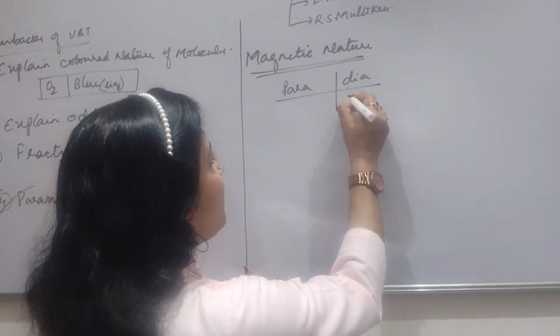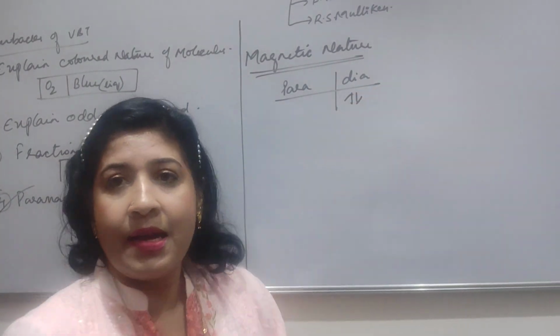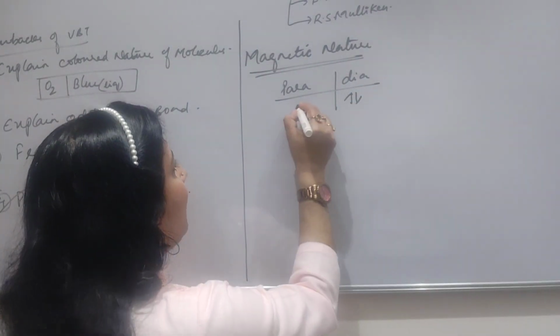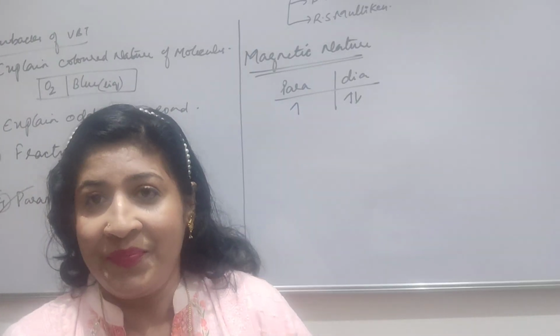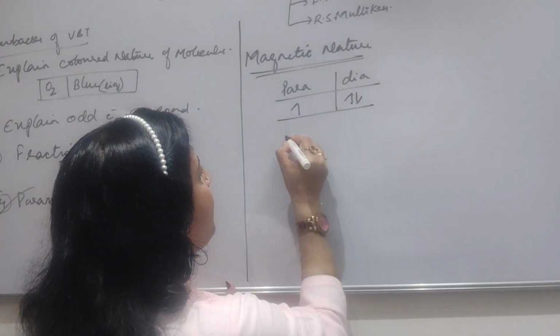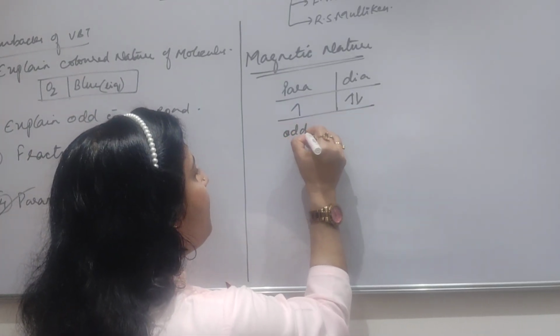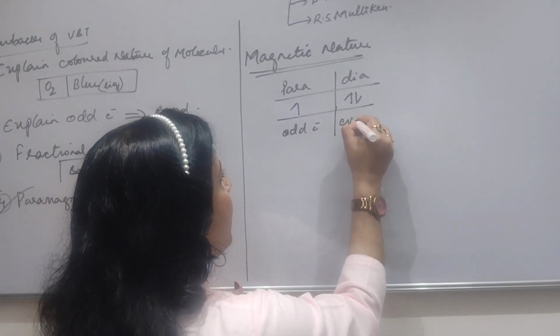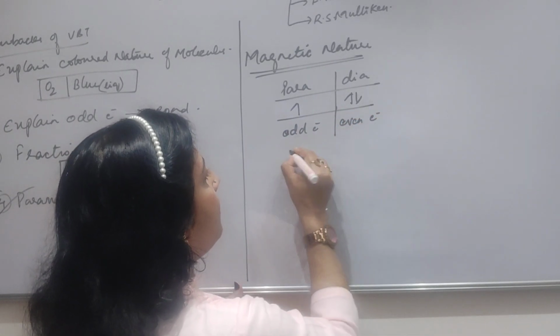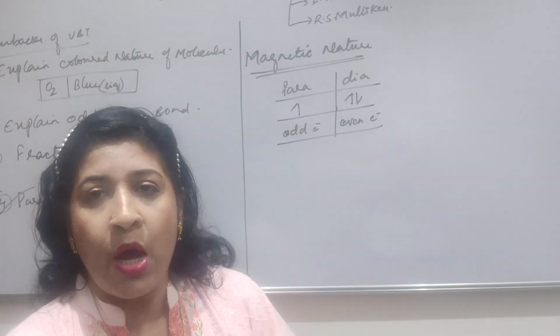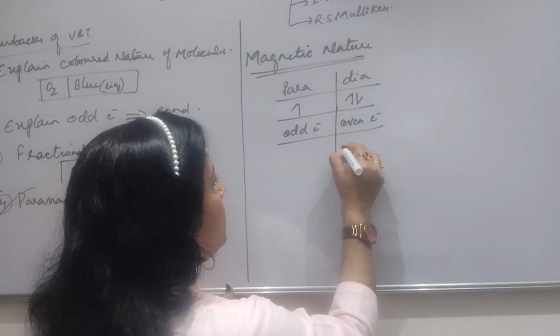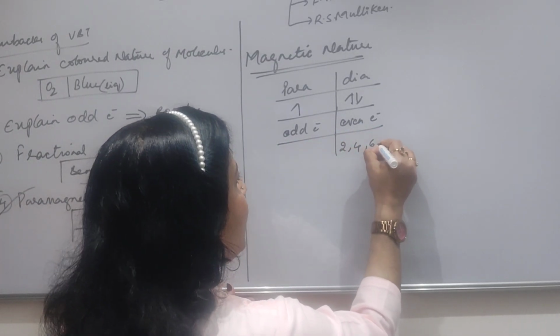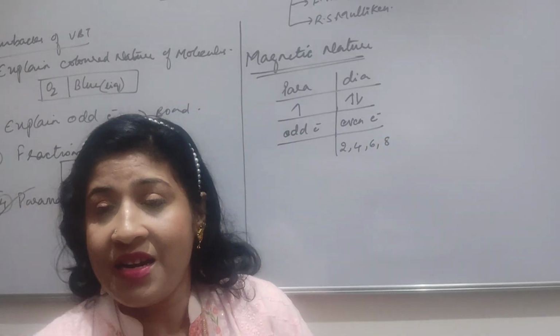However, if there is an odd number of electrons, then it is paramagnetic, and if there is an even number of electrons, then it is diamagnetic. What is even? All those 2, 4, 6, 8 are even.